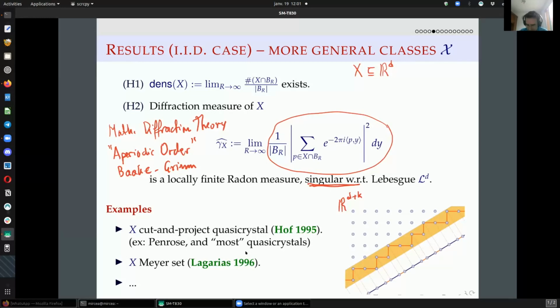Inside this space, I take the neighborhood of a subspace, usually with irrational coordinates.